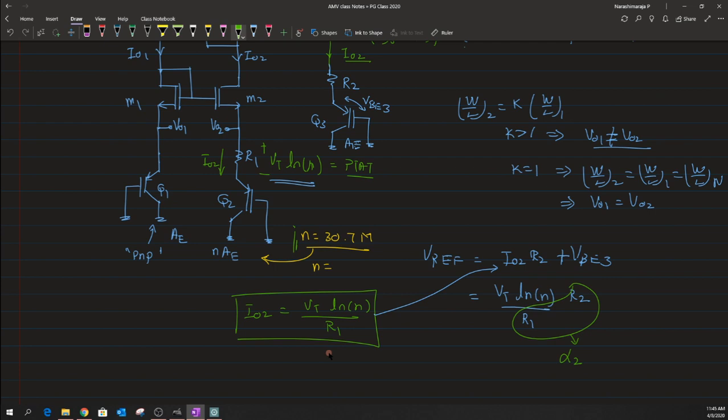which is no more equal to 1, but rather a number which is greater than 1, and that has to be added to this VBE3.